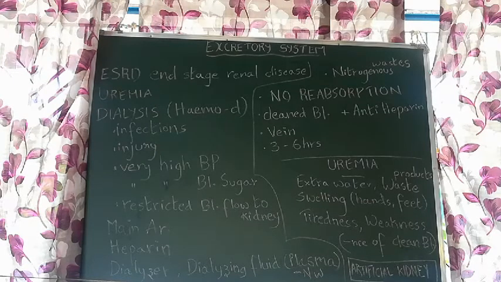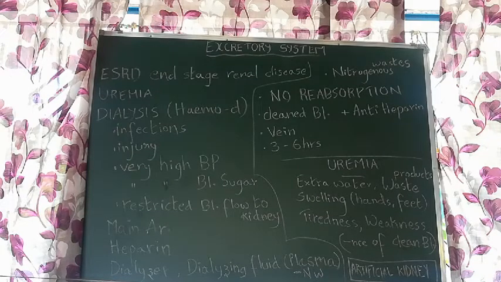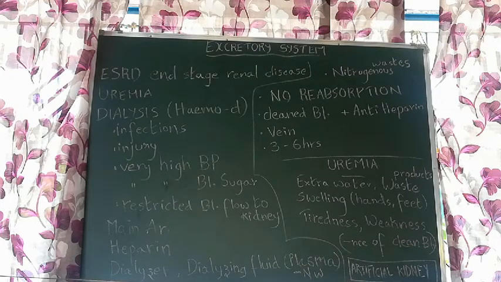In a nephron we know there is the PCT, DCT, Henle's loop, and collecting duct. 75% of water is reabsorbed in the PCT, the proximal convoluted tubule, right? That kind of reabsorption does not happen in a dialyzer. Only nitrogenous wastes are removed, they are filtered.